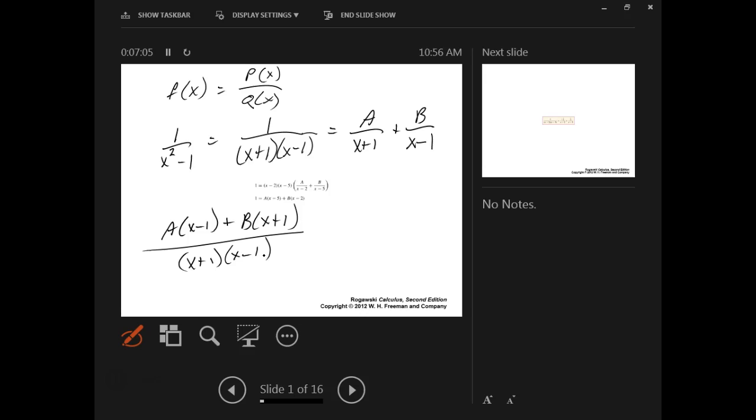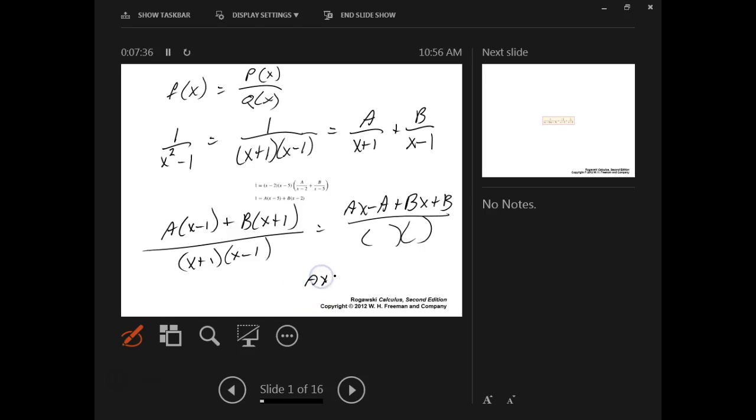So if it's going to be that, let's go and multiply this out. This would be Ax minus A plus, you finish, Bx plus B over that. I'm not going to write it all out. And if we want that to be 1, what does that tell you?